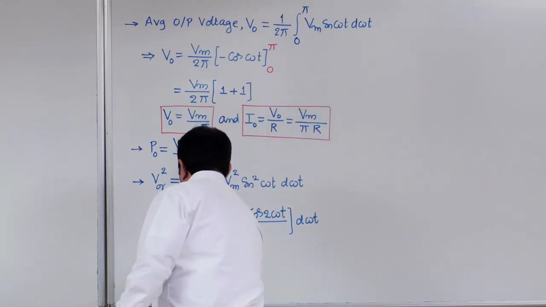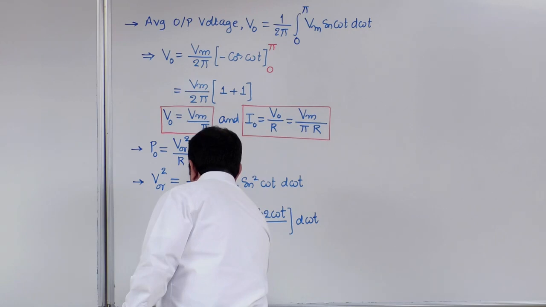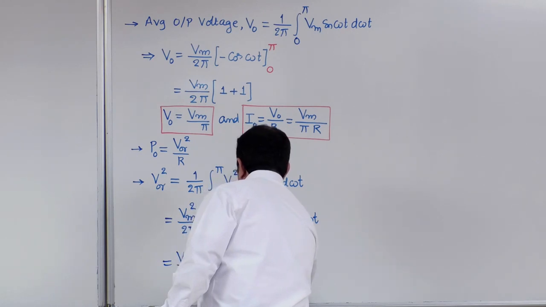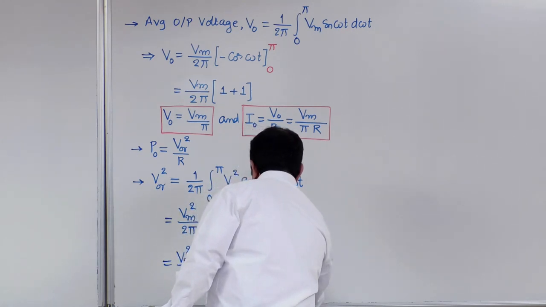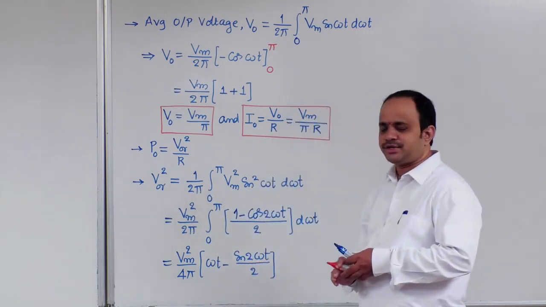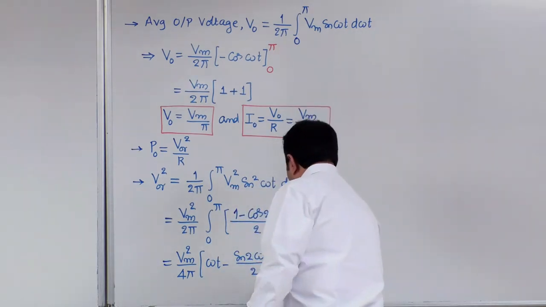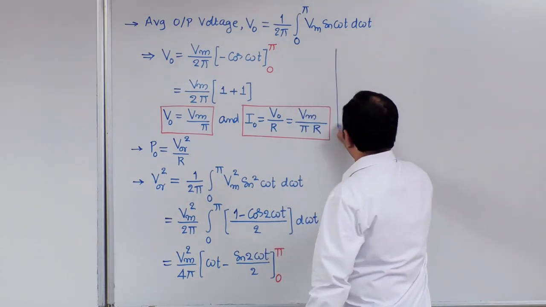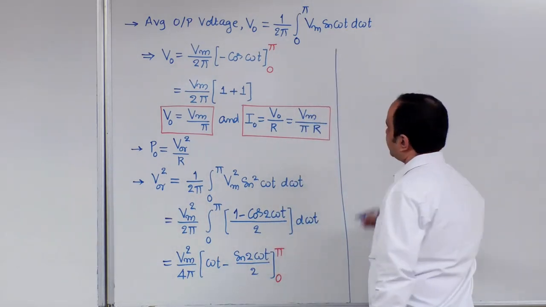Next, Vm square by 4 pi, integration of 1 is omega t, minus cos 2 omega t integration is sin 2 omega t divided by 2. The limits are from 0 to pi.